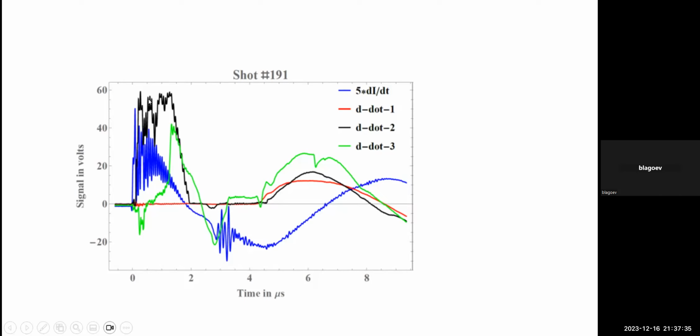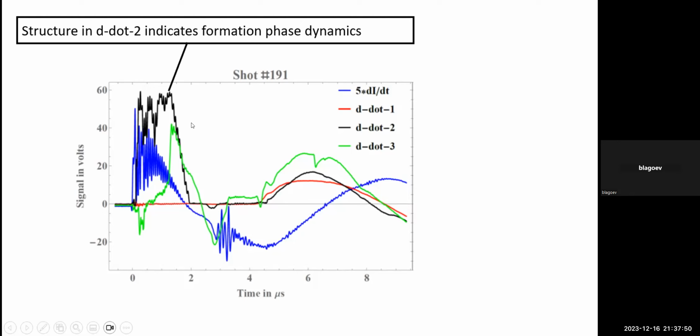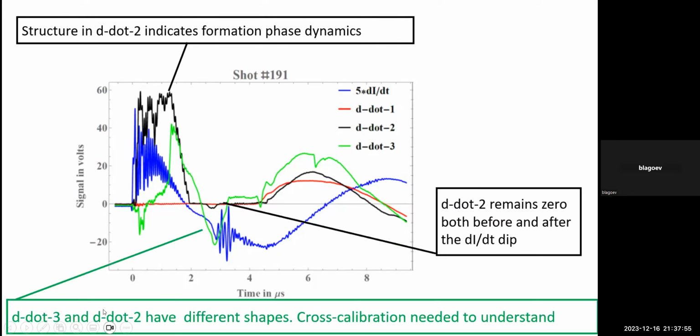Here, both the second D-dot probe and the third one have different shapes, and therefore we need additional cross calibration in order to analyze this signal.